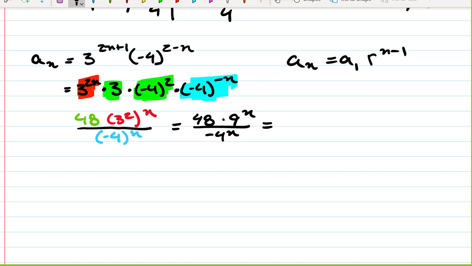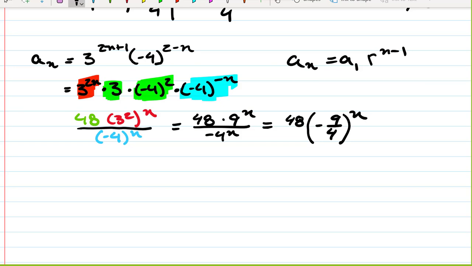So now finally, we're ready for the last step. I can write that as 48 times negative 9 over 4 raised to the n.